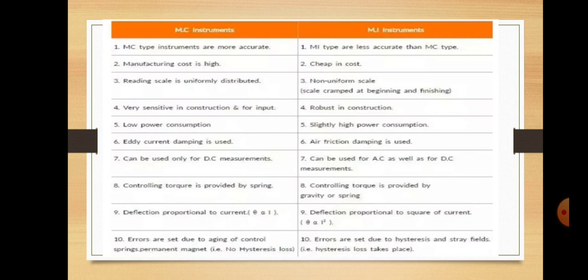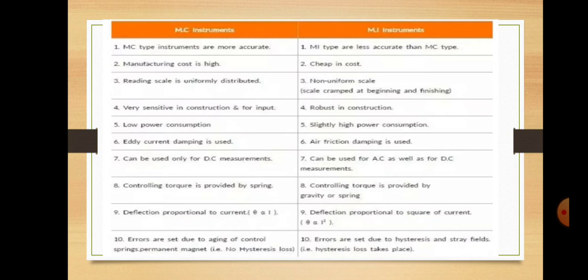The reading scale is uniformly distributed in moving coil, whereas moving iron instruments have a non-uniform scale. Moving coil instruments are very sensitive and MI instruments are robust in construction. The power consumption in MC is low and it is high in MI instruments.